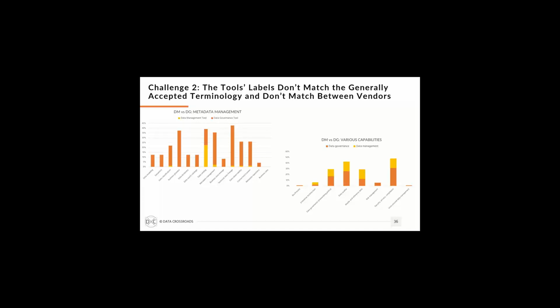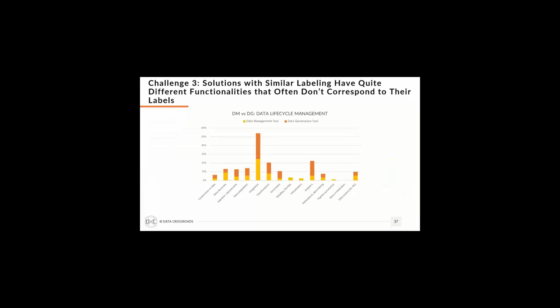The third challenge is that solutions with similar labeling have quite different functionalities that often don't correspond to their labels. If you take a look at this slide, and especially at the bottom of the slide, you can see this functionality is regarding data lifecycle management.